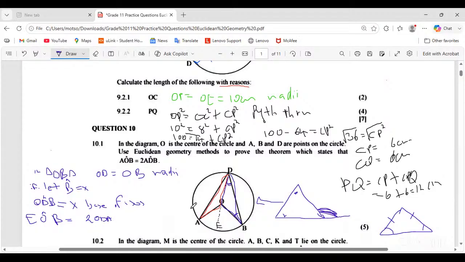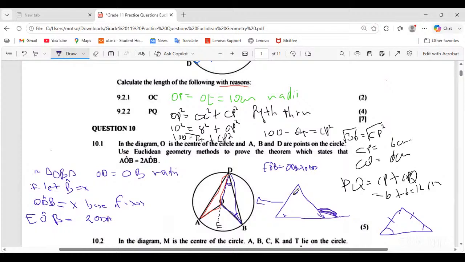Because we'll say this angle EOB is equal to, I put the hat to show that we're talking about the angle, angle ODB plus angle OBD.